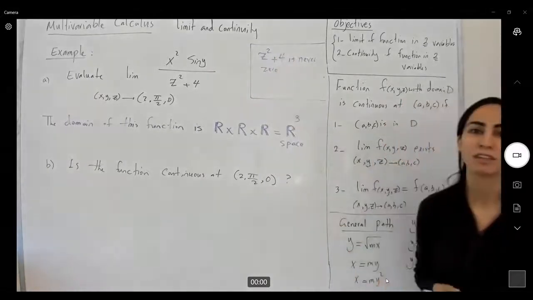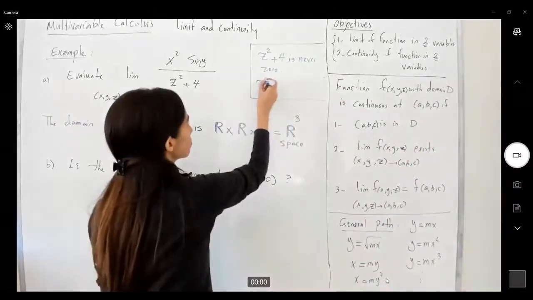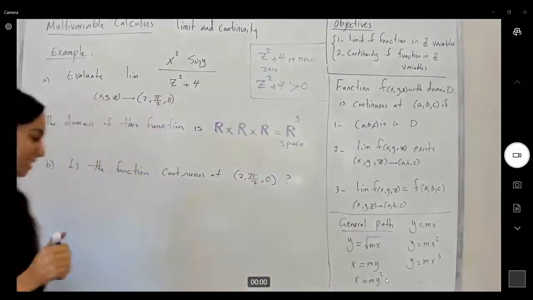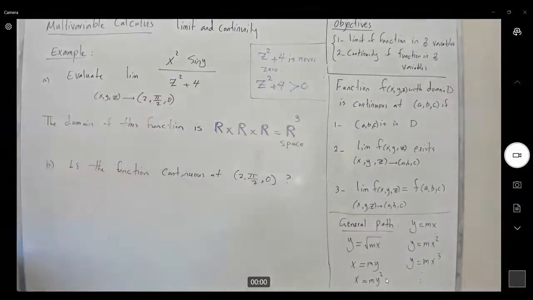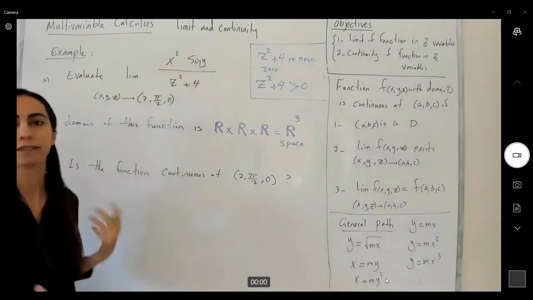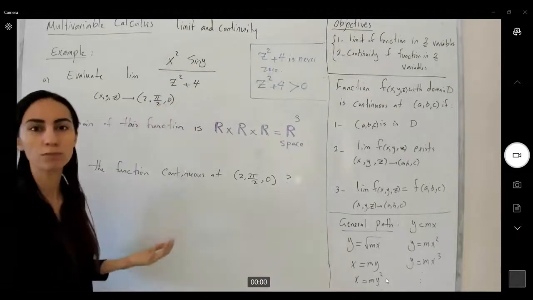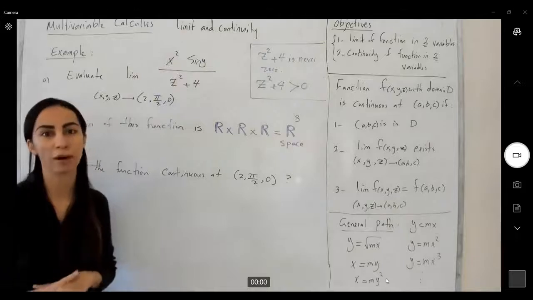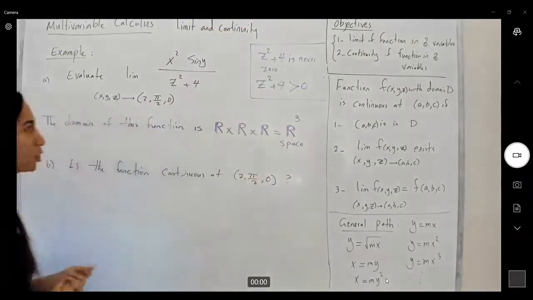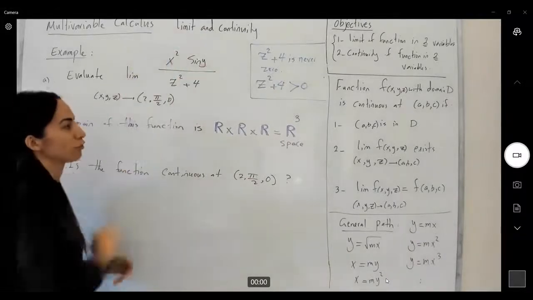So it's never 0, and it's always positive. Z squared plus 4 is always greater than 0. So you can plug in any number you like for x squared. Sine y is a trig function, continuous everywhere. Z squared plus 4 is always positive, so we don't have anything to worry about here. The domain of this function is the space itself. You can plug in any point x, y, and z.